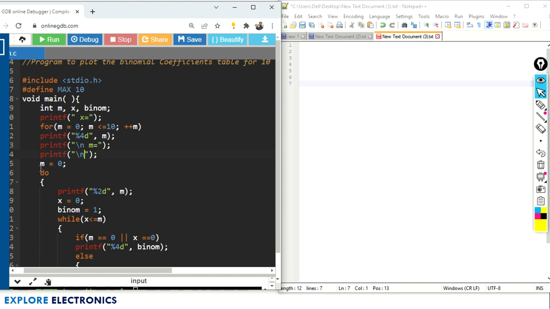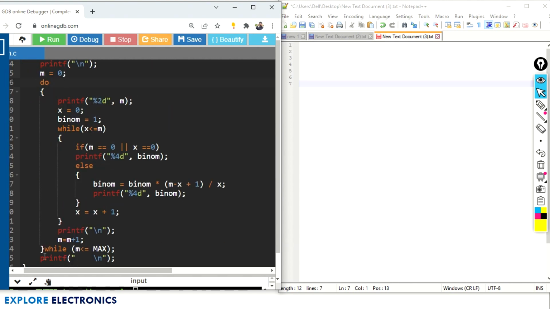Now we have declared m as 0. So m is 0. Now we are entering the do loop. This is the do while loop. In the beginning it will execute without any condition, and then at the end we are checking for the condition. That is what the do while loop does. So we are entering the do loop and we are printing m.